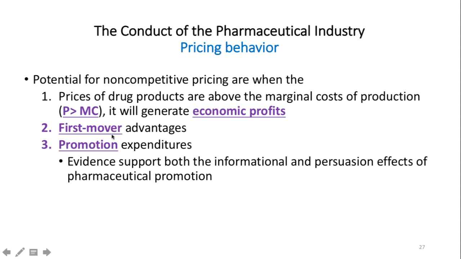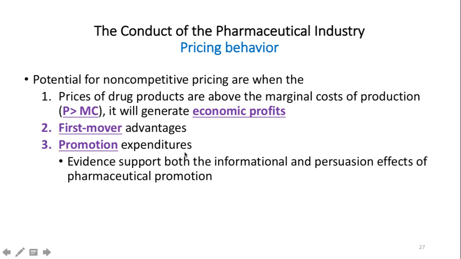So they have this first mover advantage even after the expiration of the patent. There are some loyal customers, such as physicians and patients. They keep their loyalty for these branded name drugs even with the higher prices. So they always keep this first mover advantage.